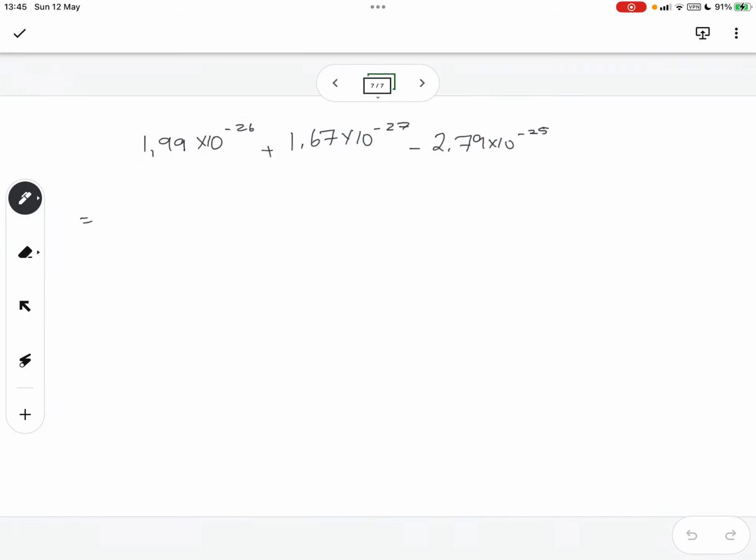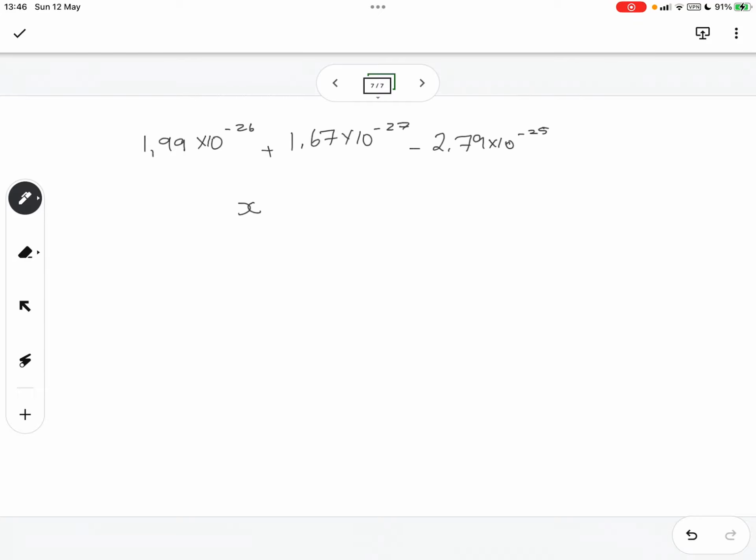Anyway, to add scientific notation numbers, we must make the exponents the same. So we're going to have to use our maths skills again when adding exponents.